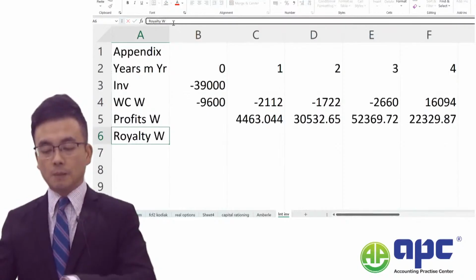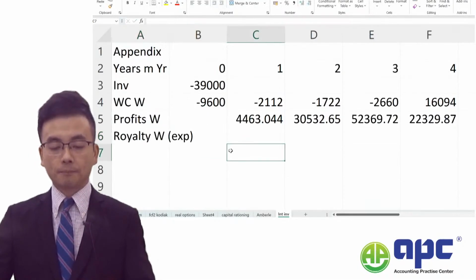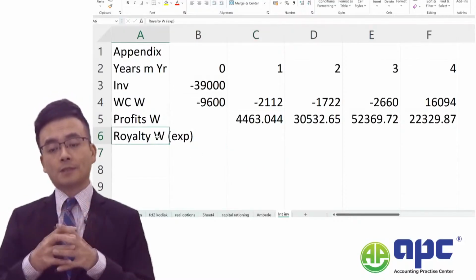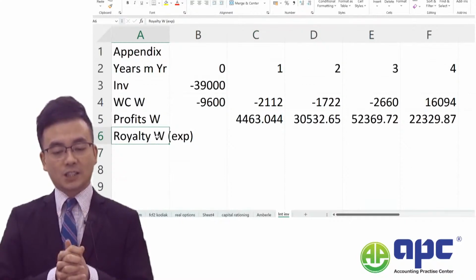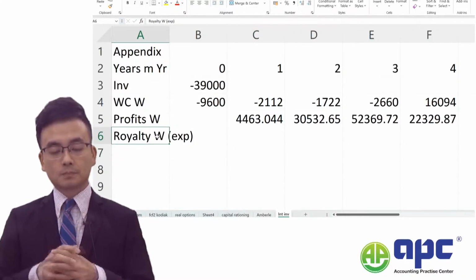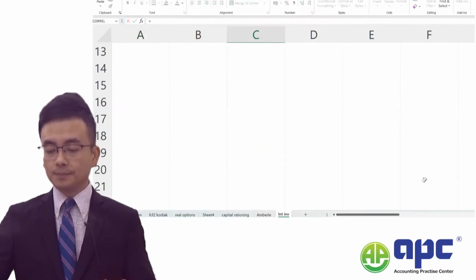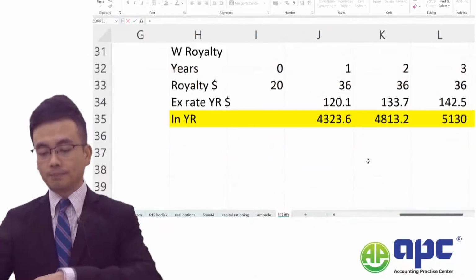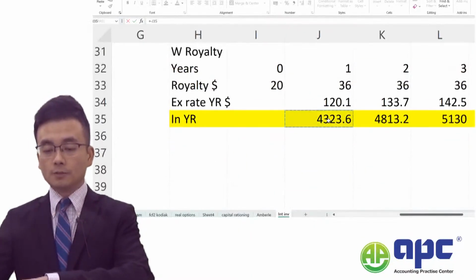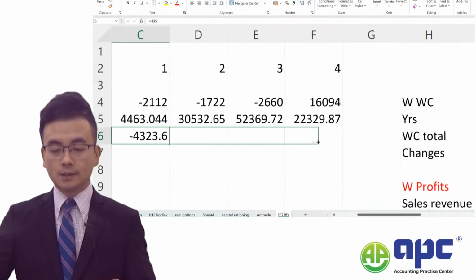Remember, that would be the expense for the foreign project, and that's why later on in the second half of our calculation, we'd like to bring that in as our income. So from year 1 onwards, that will be a negative of 4323.6, and then you drag it here.